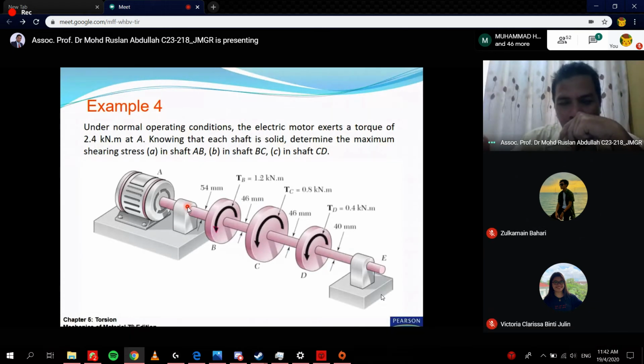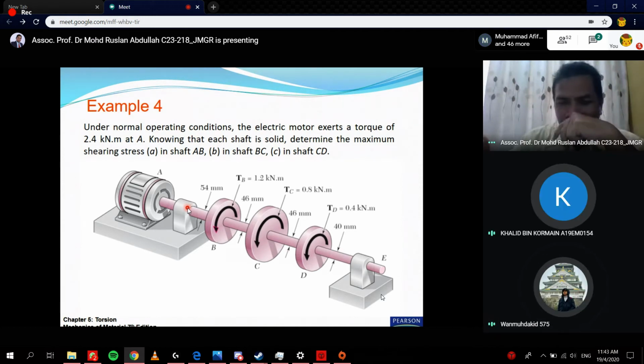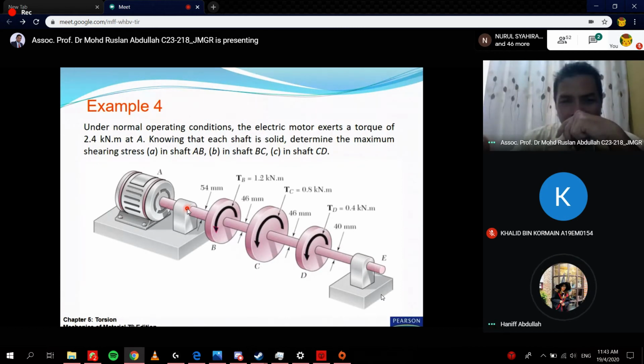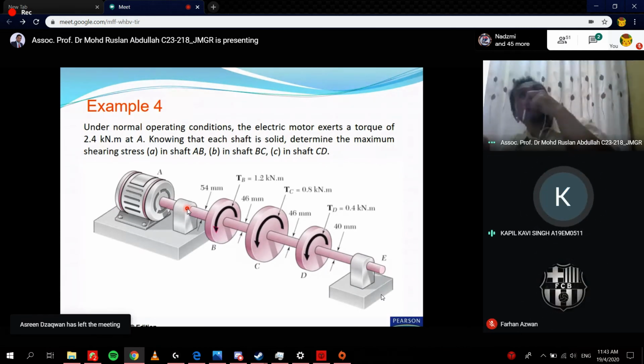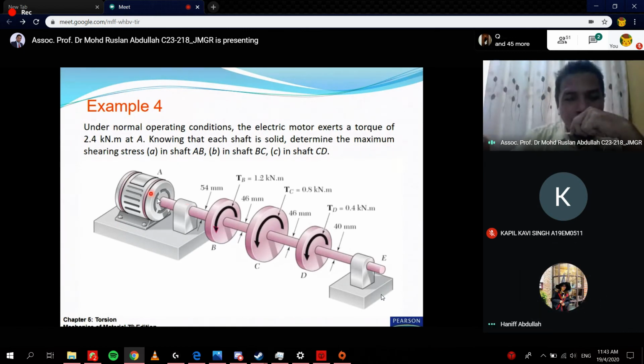Which direction, clockwise or anti-clockwise? What is the direction of the motor? Clockwise. So the torque supplied by the motor is clockwise. Between A and B is 2.4 kilonewton.